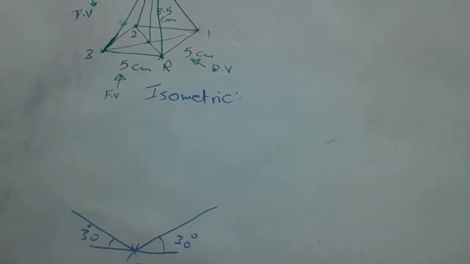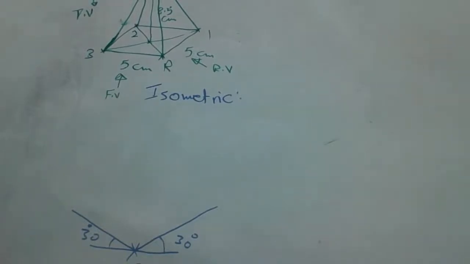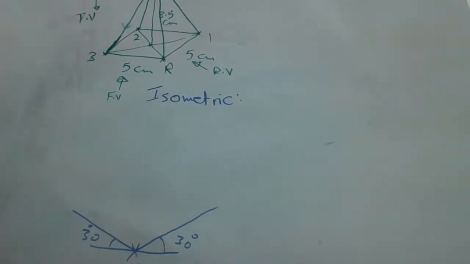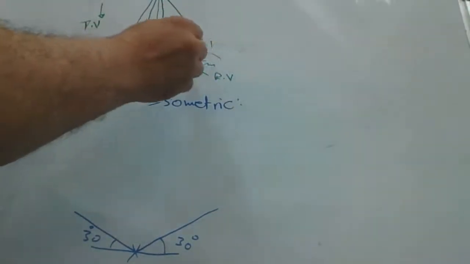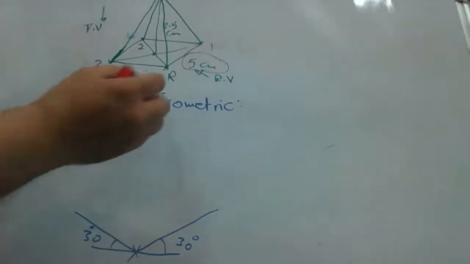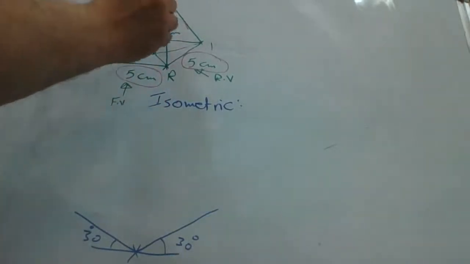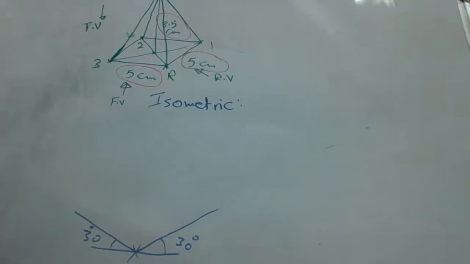Now for the given pyramid, we have to determine the maximum, or total, length of the depth. The total length of the depth here is 5 centimeter, the total length of the width is 5 centimeter, and the total length of the height is 8.5 centimeter.